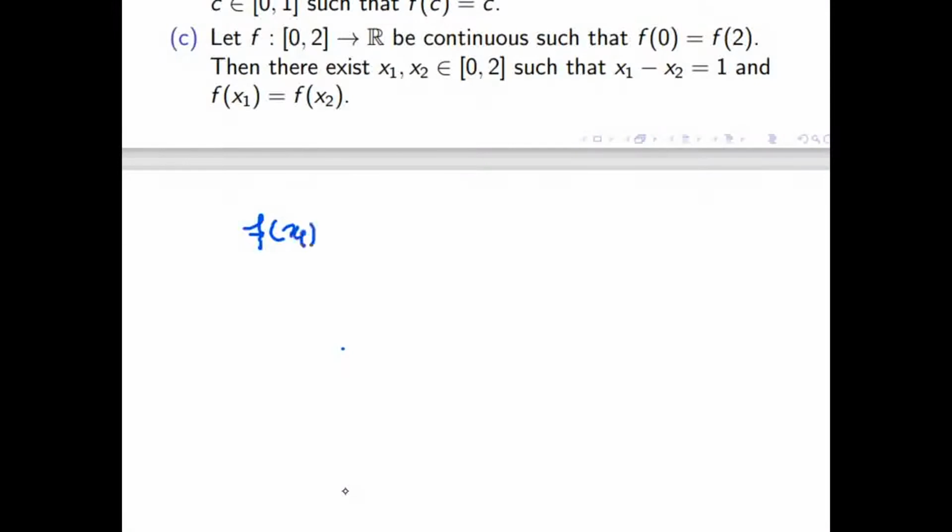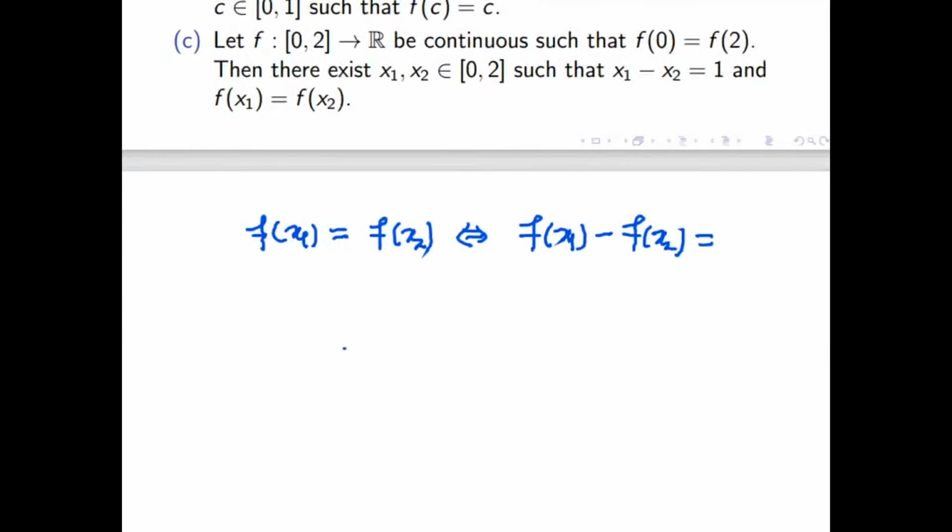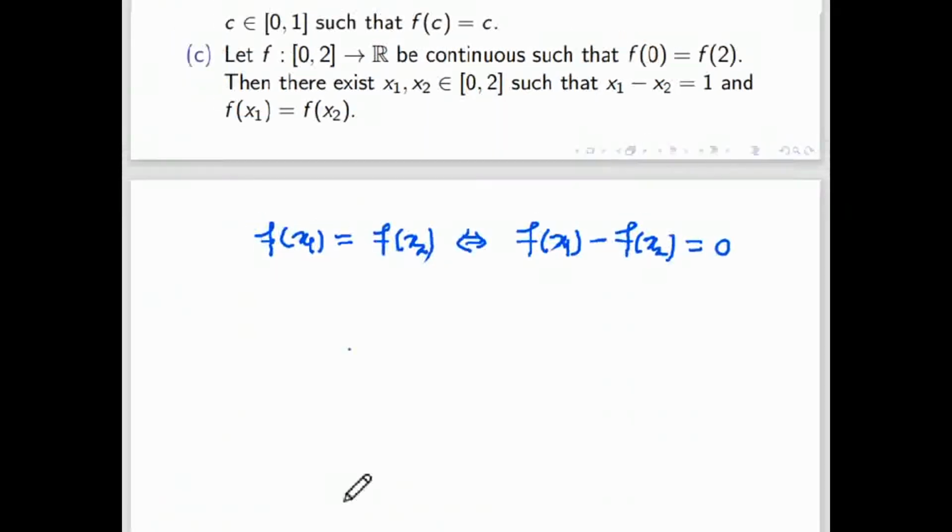So f of x1 minus f of x2 we have to prove. Proving this is the same as proving f of x1 minus f of x2 equal to 0. And it is also given x1 minus x2 is 1.